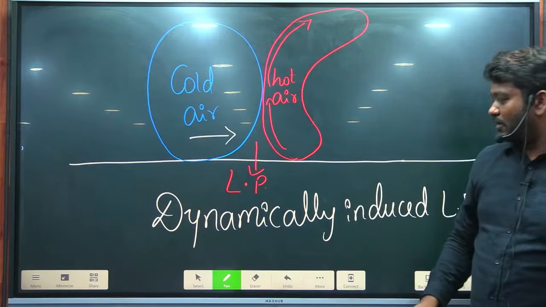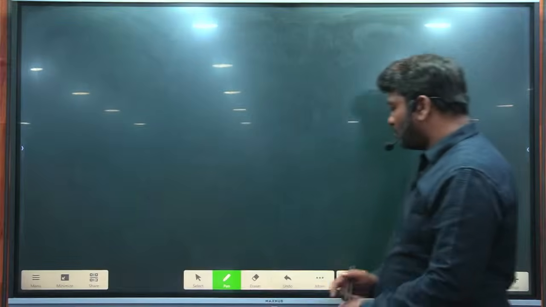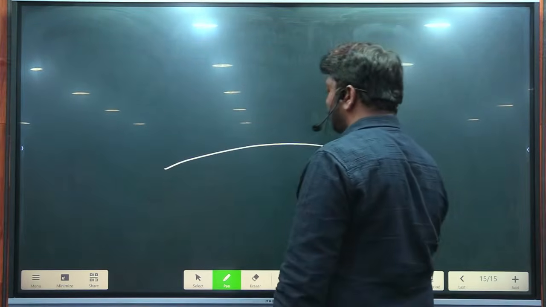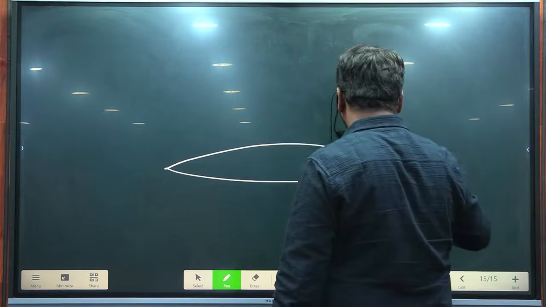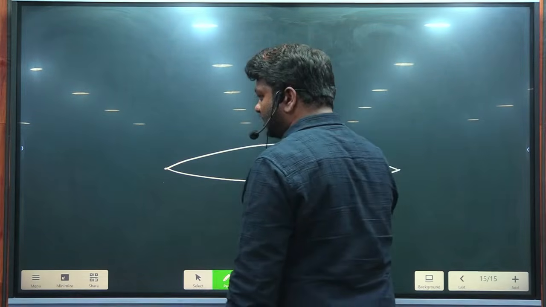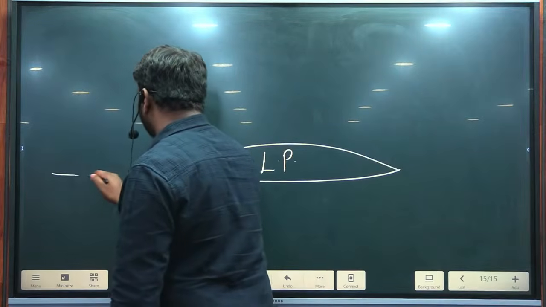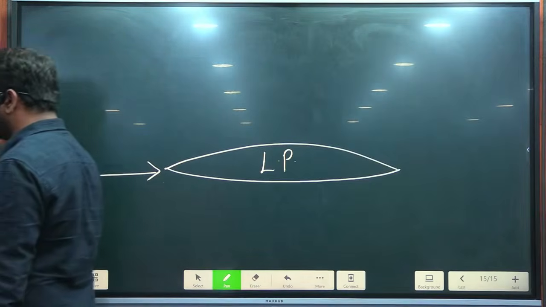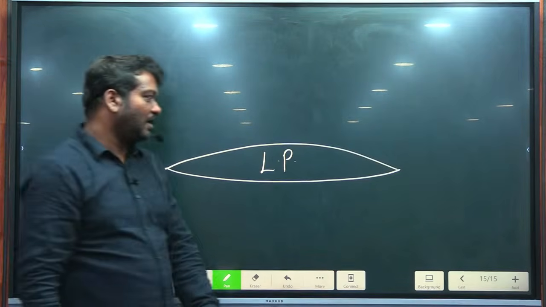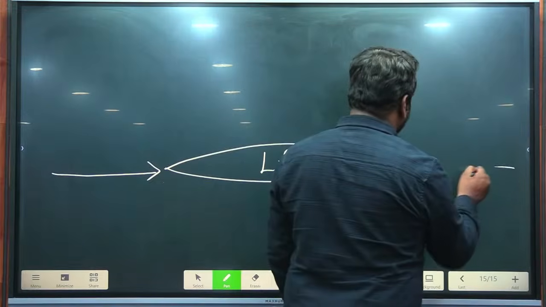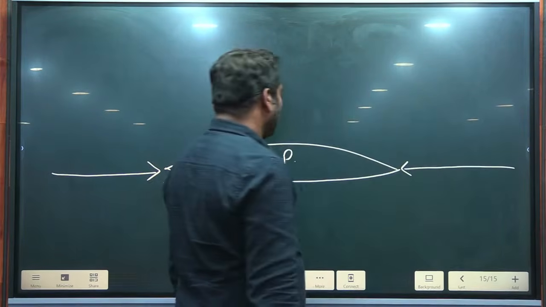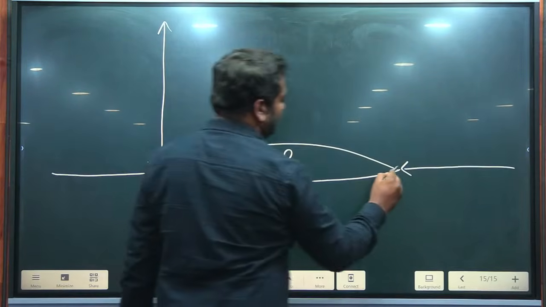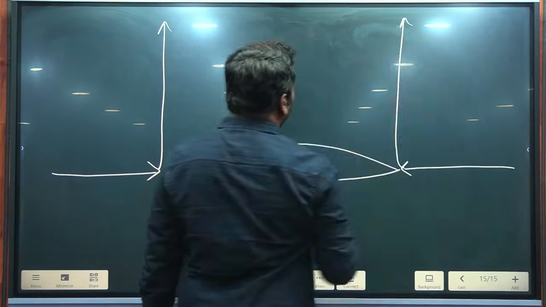Okay? So you write below, under low pressure area, that wherever the number of particles is less, it would lead to low pressure.